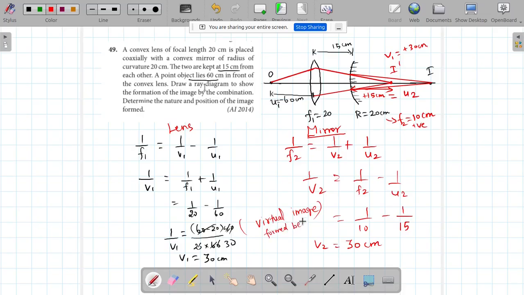When it is in front of the mirror, it is a real image; behind the mirror, it is virtual. Okay, that is enough. The size is not required; the size is not given in the solution.